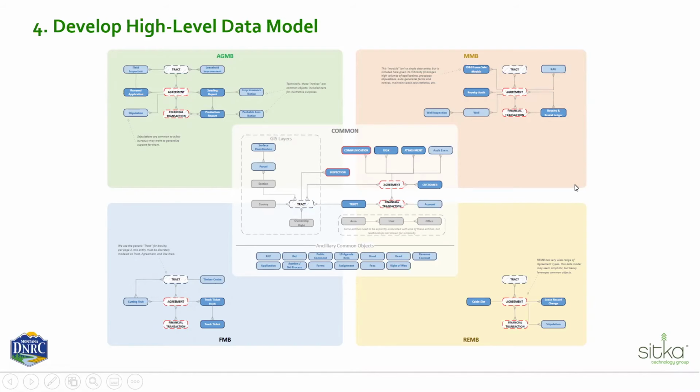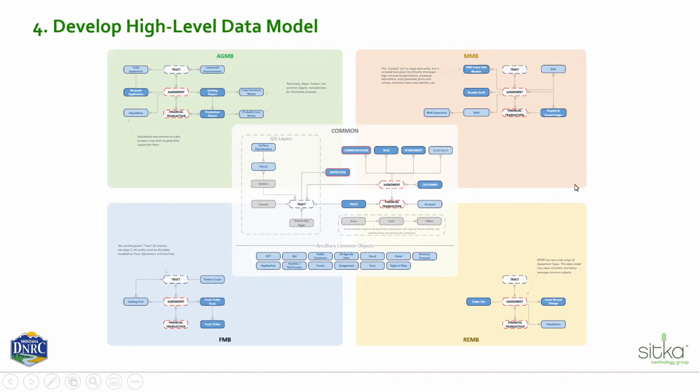While, of course, ag versus minerals versus real estate versus forestry, they're all going to have different business processes, different people involved, there are common entities that we want to be able to roll up information on.